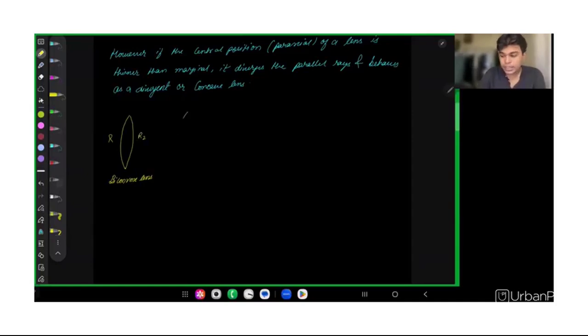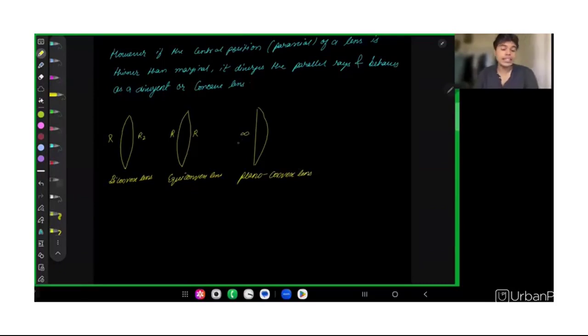Then equiconvex lens, with the same radius of curvature, R. Plano-convex lens. Here, the radius of curvature of the plane surface is obviously infinity, and the other would be R.